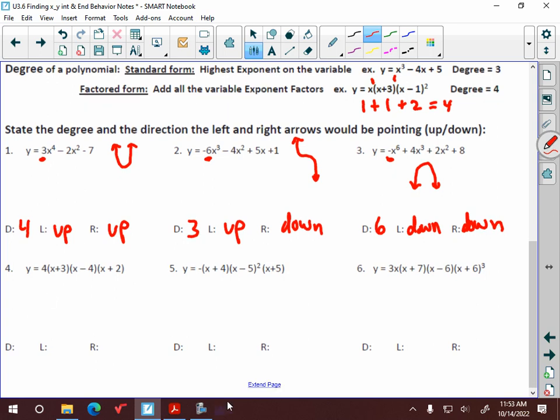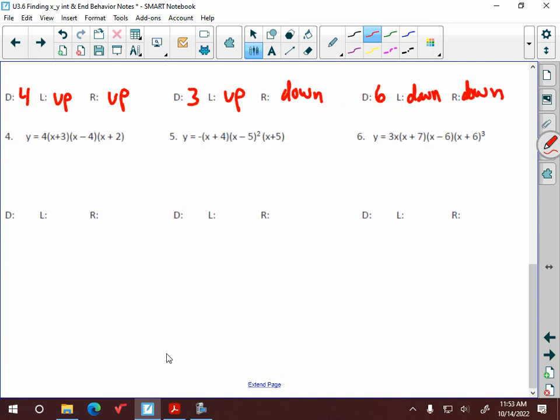All right, number 4. Now we're in factored form, so we have to count up all the exponents of the x's. x plus 3 has an exponent of 1, plus x minus 4 has an exponent of 1, plus x plus 2 has an exponent of 1.